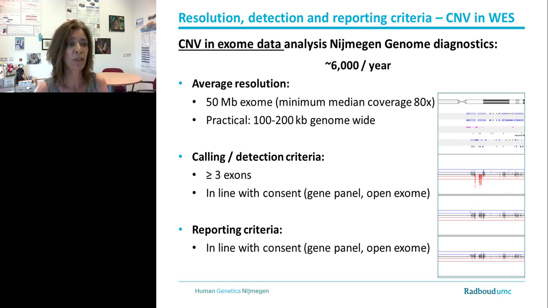But of course, for the exomes, the targets are the exons. And so for our pipeline, the calling criteria are at least 3 exons. Then there is a call. And that's only done in line with consent of the respective gene panel that has been requested for a patient. Now, for the reporting criteria, those are also in line with consent. So either gene panel or gene panels and open exome.